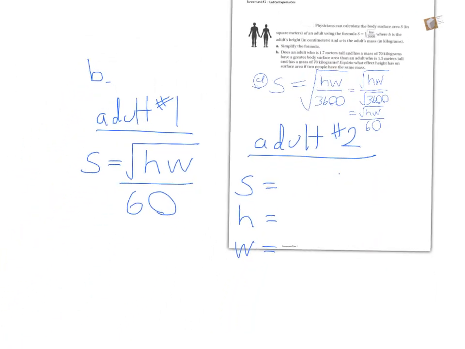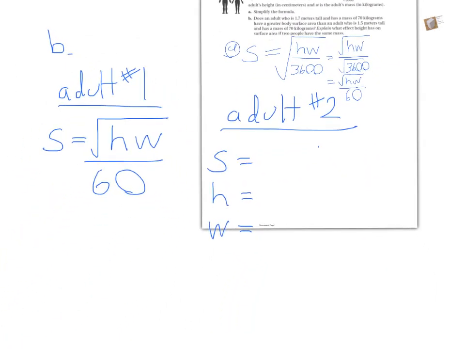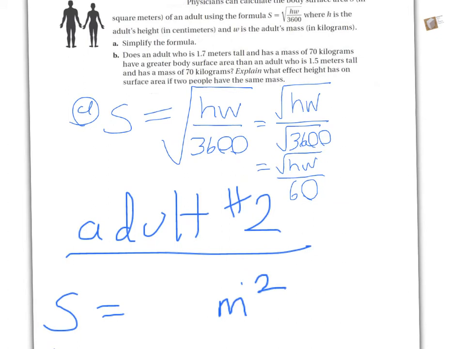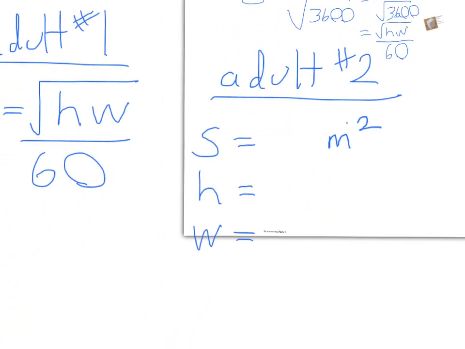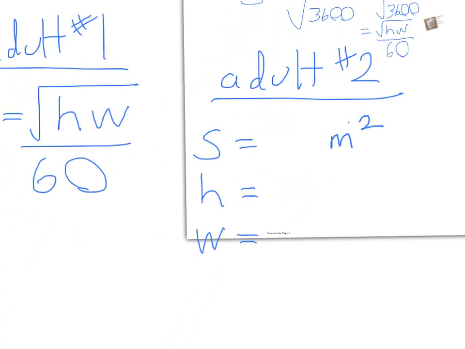Alright, so that we are all on a good page, let's write after that square meters, because we don't know what that is just yet. And then, let's look back here, we have H and W. H is the adult's height in centimeters, and W is the adult's mass in kilograms. Alright, good to know. So let's label that up if we might. H, of course, is in meters, and the weight was in kilograms.